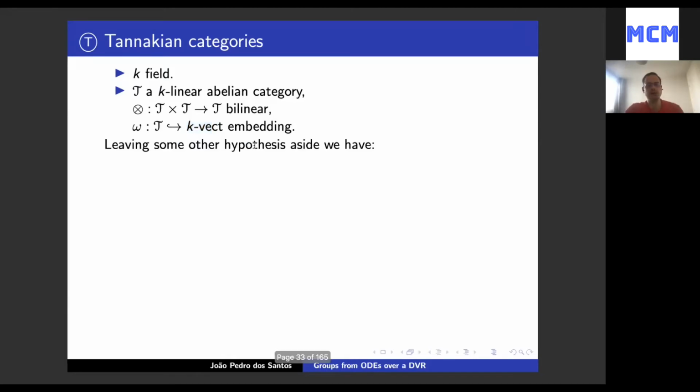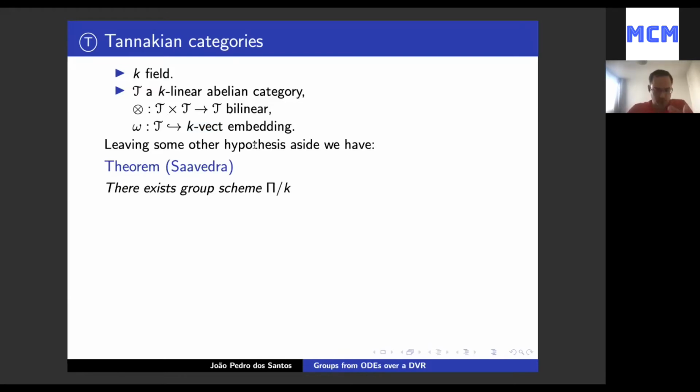I'll leave many details aside, and the moral is that you have this theorem by Saavedra that says that if you have some other hypotheses, the ideal result is that this category T will be equivalent to the category of representations of an affine group scheme.